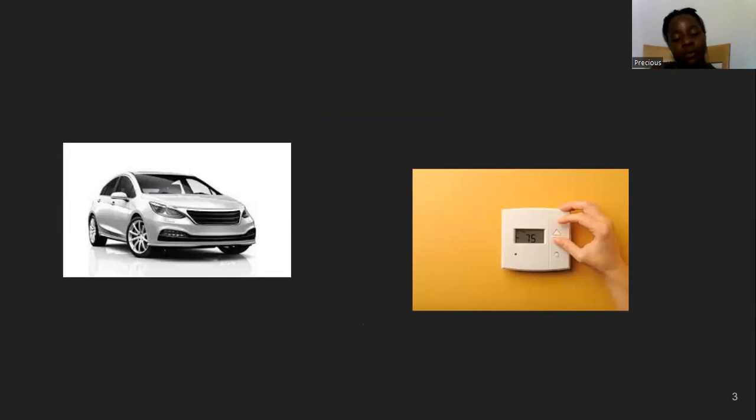Either way, movement is something cars have in common with living things. And then thermostats have the ability to regulate the temperature of the environment, so that would be similar to homeostasis. But the idea is that these non-living things do not have the ability to perform all of MRS H GREN, and so therefore they're not considered to be living things.